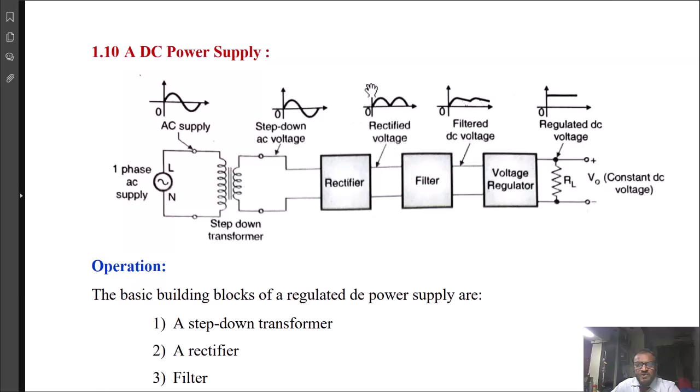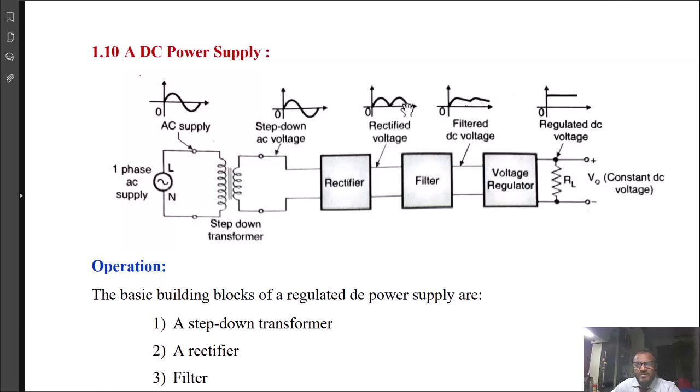The output of the rectifier circuit is shown here. You will see that the output consists of a rectified input AC signal which is coming from the transformer secondary. This signal is no doubt a DC, but it is a varying DC.